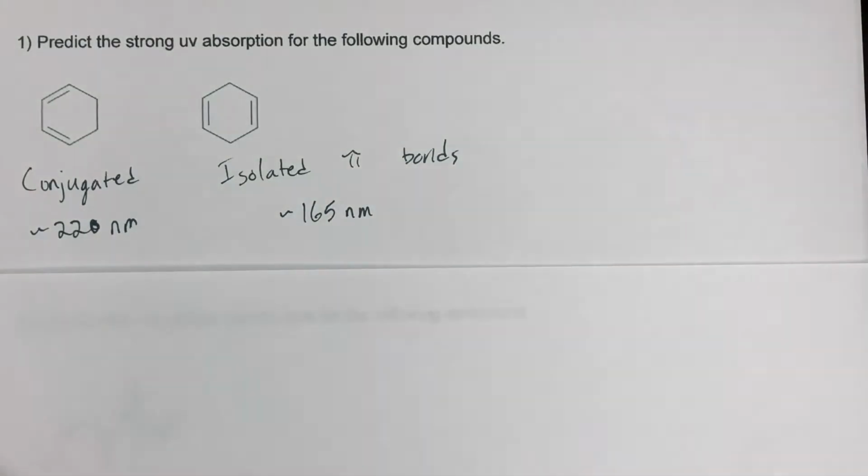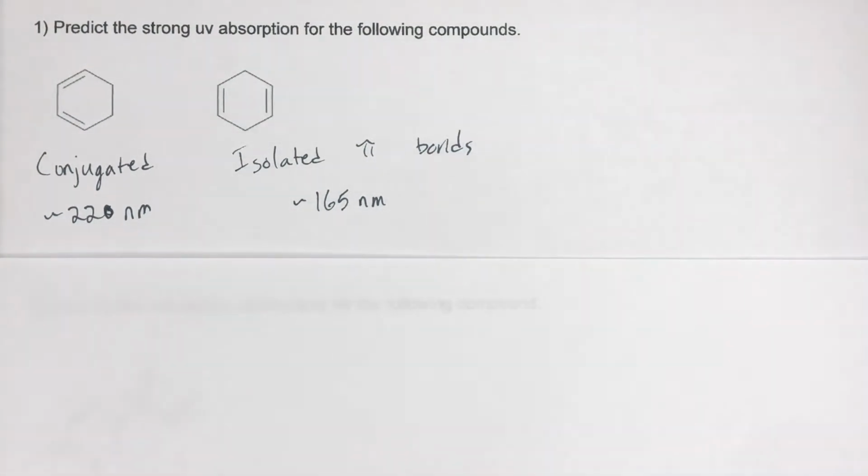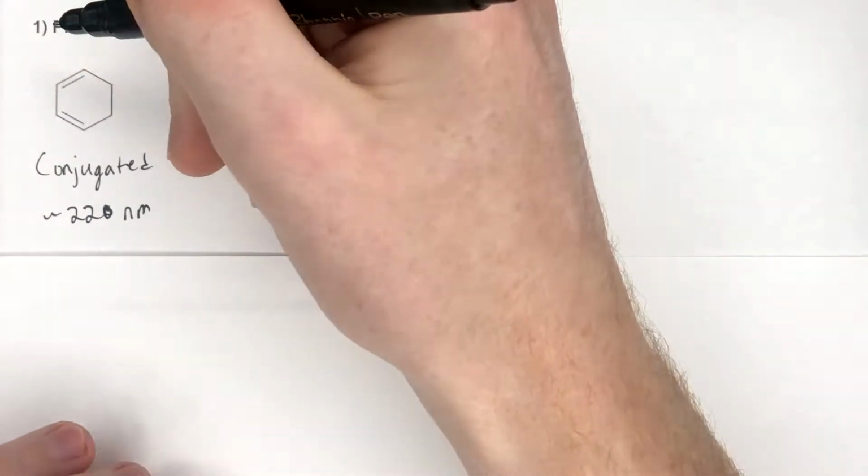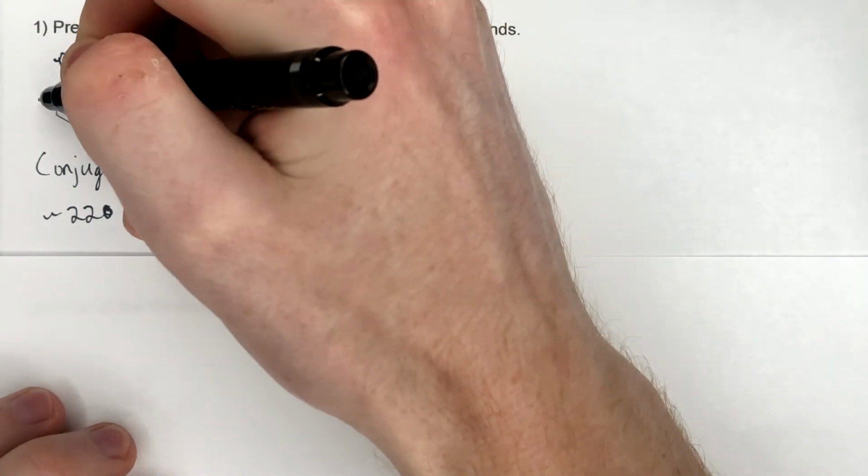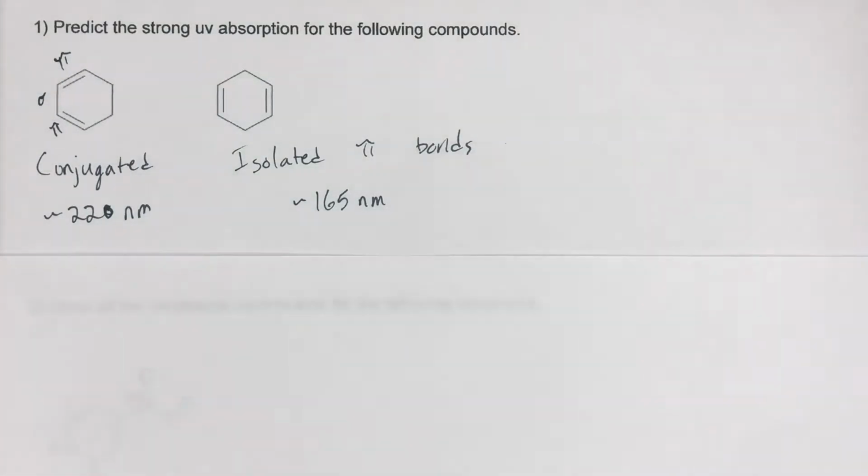Unfortunately, these are just values that you need to have memorized. The main thing is being able to recognize that this is a conjugated diene versus an isolated diene. And the way to recognize that, conjugation has this pattern of pi, sigma, pi, or double bond, single bond, double bond character here. And this is what we mean by conjugation, and hence why it has a 220 nanometer wavelength as a strong UV absorption.